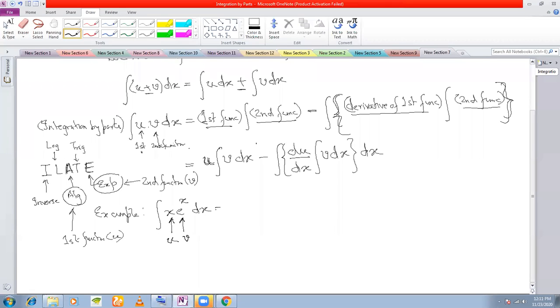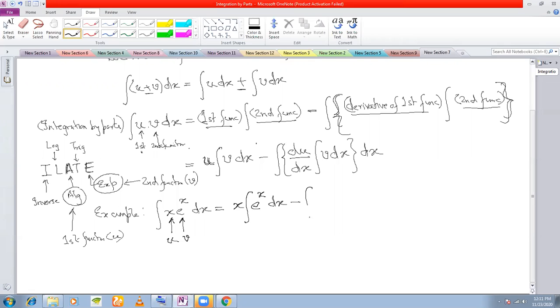And now I'll integrate. Remember, the decision of u and v is very important. Okay, which one you're taking as the first function, which one you're taking as the second function. Your choice of first and second function is very important. That is the choice of u and v. So now let us integrate by parts rule. First function is u. Put it, okay, according to the formula. Integral of the second function is v, e to the power of x, right?